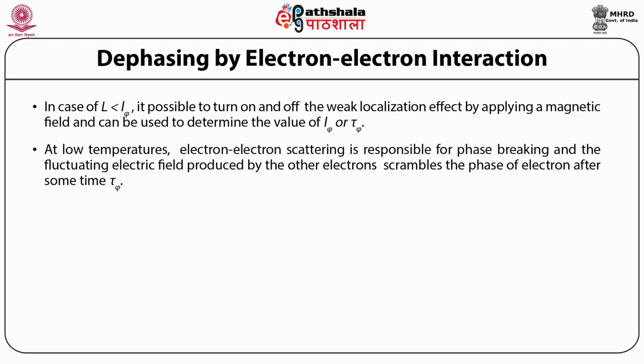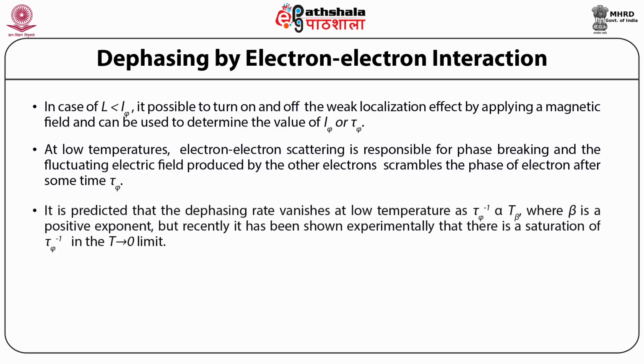electron-electron scattering is responsible for phase breaking, and the fluctuating electric field produced by other electrons scrambles the phase of the electron after some time, that is tau phi.